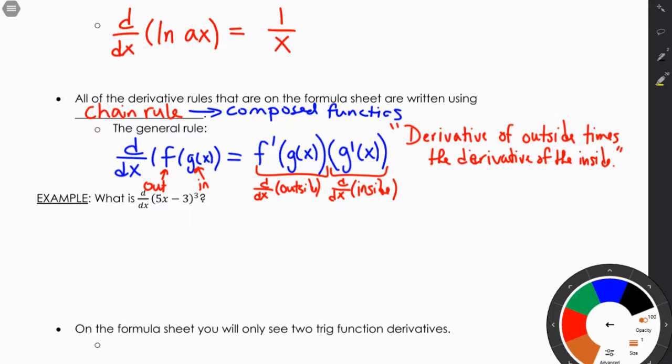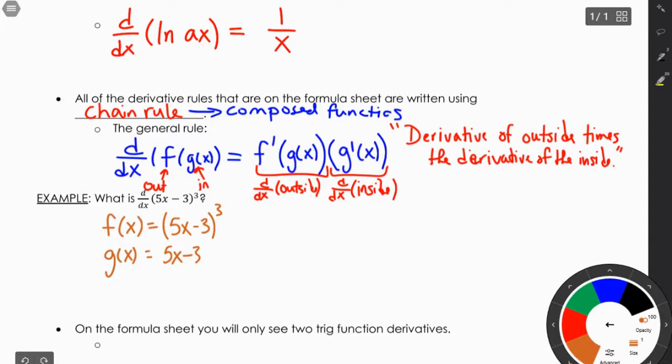If I'm going to do the derivative of 5x minus 3 cubed, it's like saying f of x is 5x minus 3 cubed, and g of x is 5x minus 3. What I want to do is take the derivative of the outside.